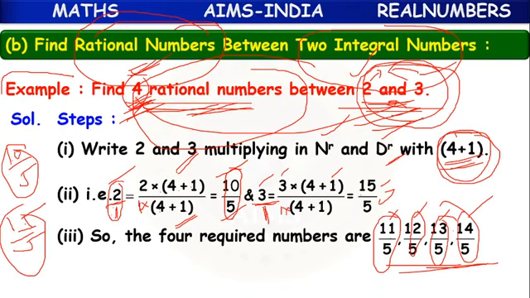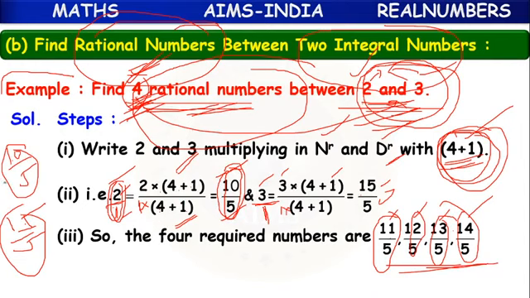Okay, children, a very simple method. Given integers, you have to assume them as fractions, so you will have a numerator and denominator. Now they asked us to insert 4 rational numbers. So we have to multiply both the numerator and denominator with a number 1 more than the required count, that is, with 5.